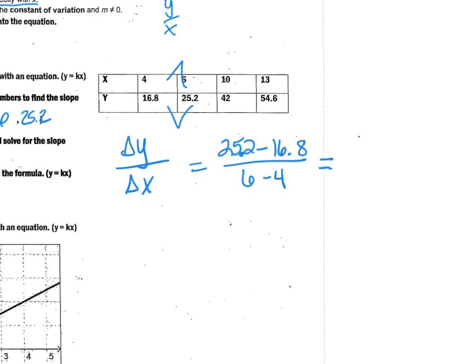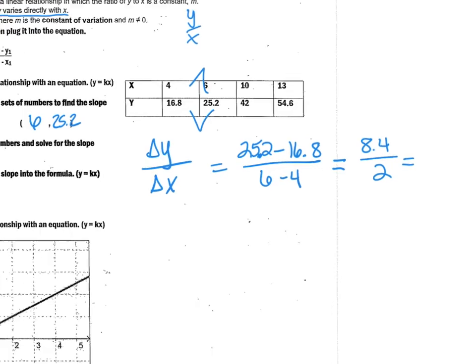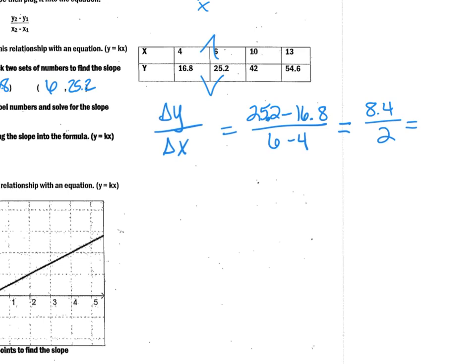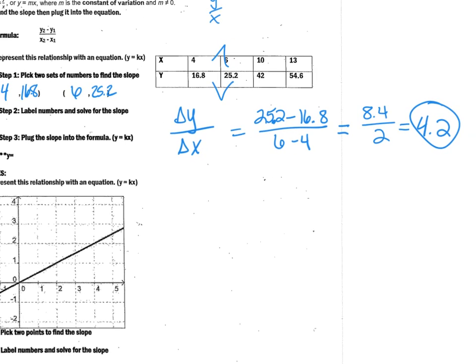Okay, so we get 8.4, and then what is 6 minus 4? 2. Okay, so then let's take one more step and let's reduce that or divide it. 4.2. Okay, and that's your answer. That's your slope. That's the K.